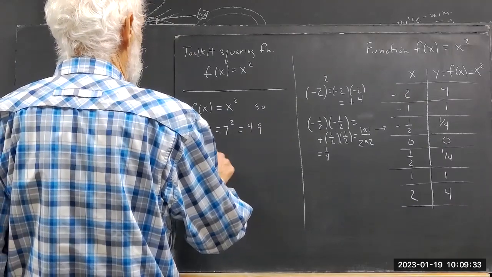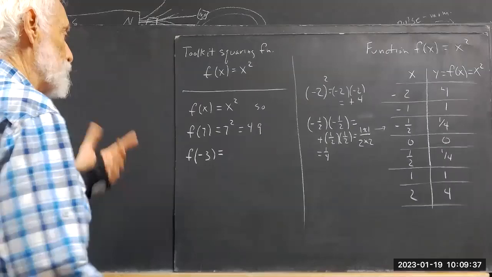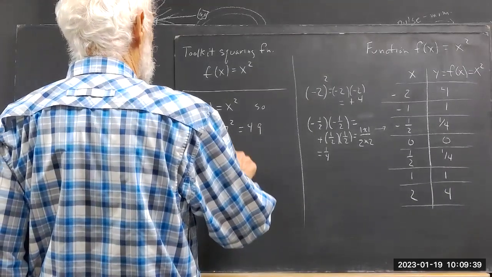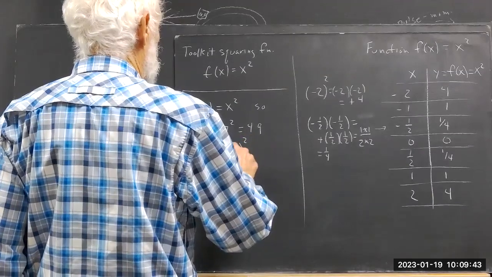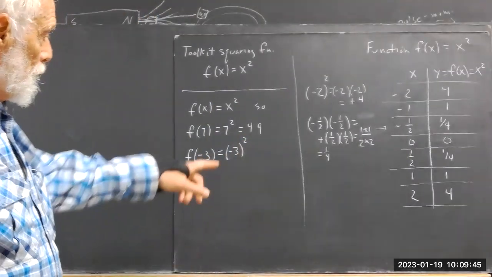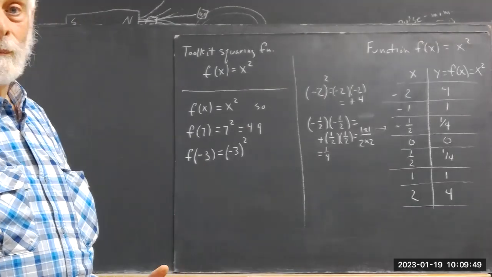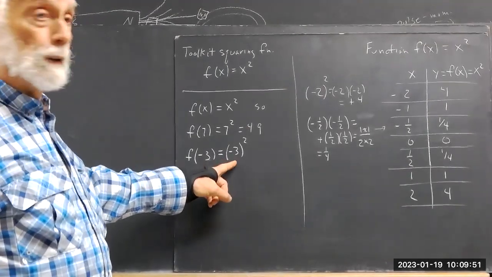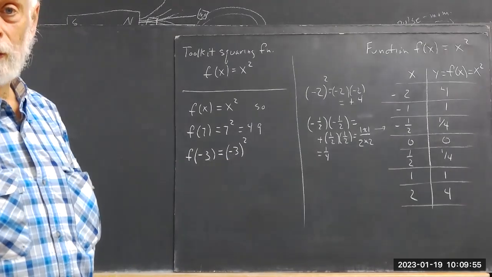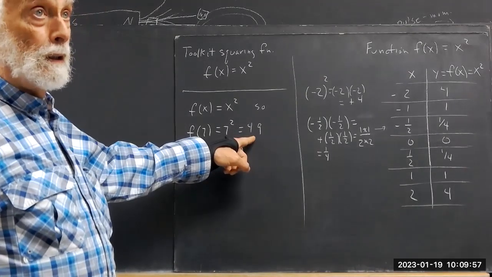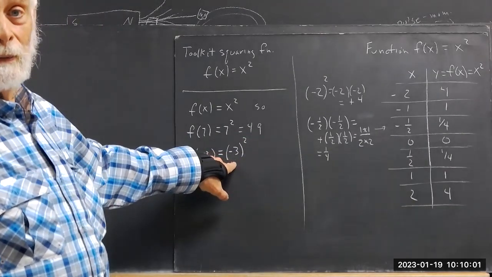F of -3 is -3 squared. Now I'm going to write that out carefully. It's the quantity -3 squared. If I wrote -3 squared without the parentheses around it, then only the 3 would get squared, the negative wouldn't, because of the order of operations. The square only applies to what's immediately to its left.